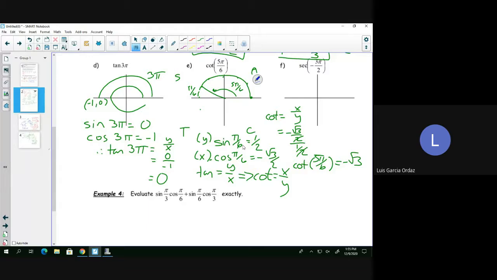Yeah, this trig unit, we're gonna have to do a lot of examples together. And the fact that I can't see you guys in person more than once is gonna suck with trig. But we're gonna have to pull through it somehow, some way.